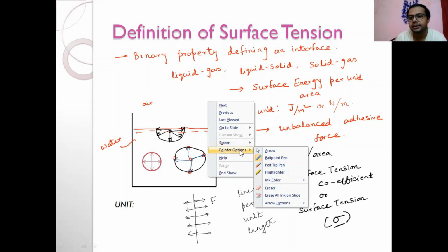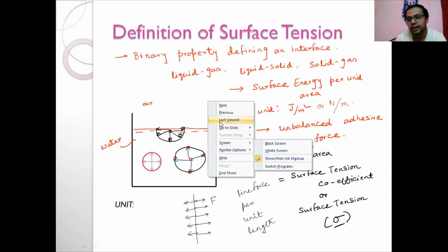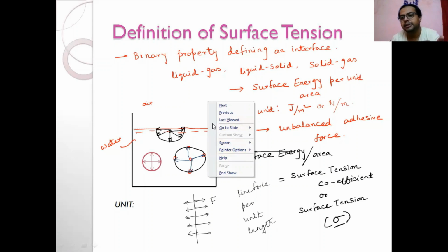So applications of the surface tension, where are they? We can see them in several places. There are enormous applications of the surface tension. Like a leaf floating over the surface of the water, or an insect floating over the surface of the water. That is an application of the surface tension. Bubble formation is an application of the surface tension.